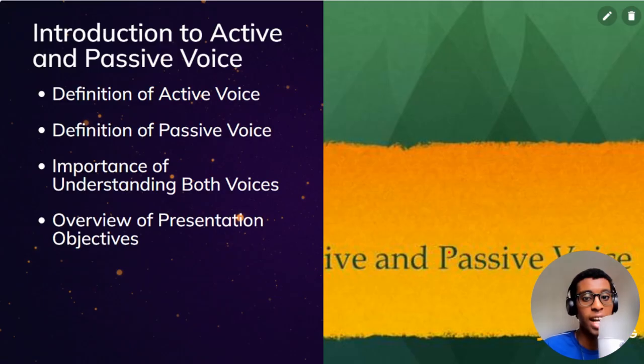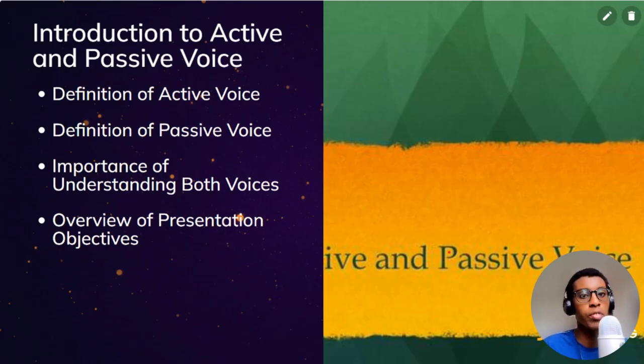Those two sentences are examples of the active and passive voice. Certain kinds of writing are best suited for the active voice, while the passive voice is more appropriate for other kinds of writing. Understanding how, when, and why to use these is key to being an effective writer and speaker.